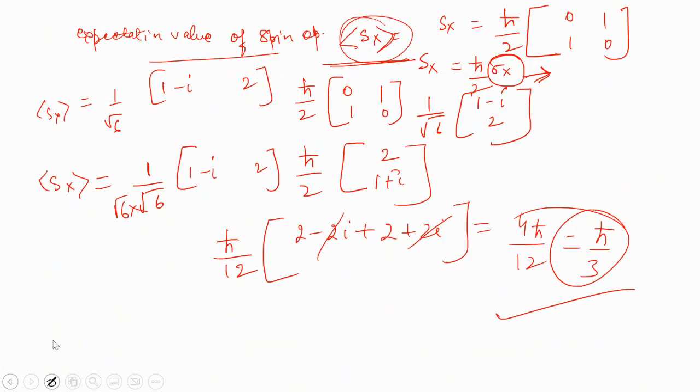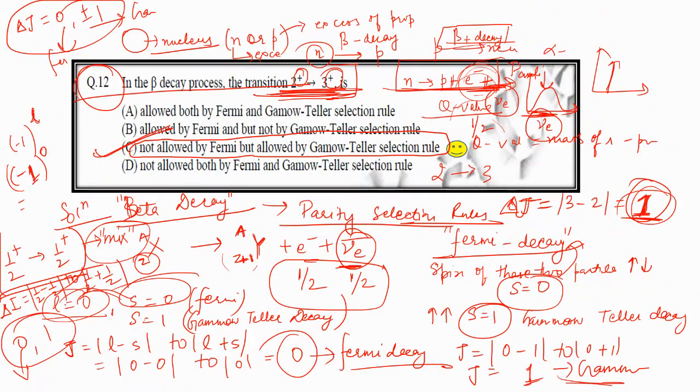So 0 is for Fermi and 1 is for Gamow-Teller. So this decay will go by both. There is one way with only Fermi, another with only Gamow-Teller, and a mix of both Fermi and Gamow-Teller. The earlier one was not allowed by Fermi, but allowed by the Gamow-Teller selection rule.